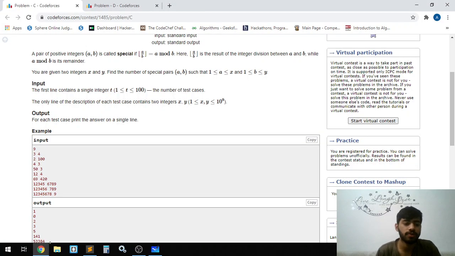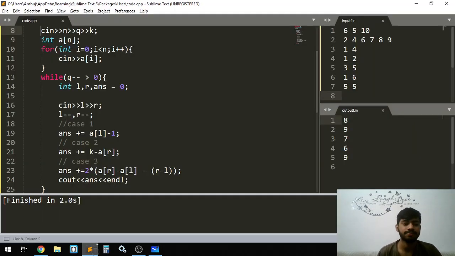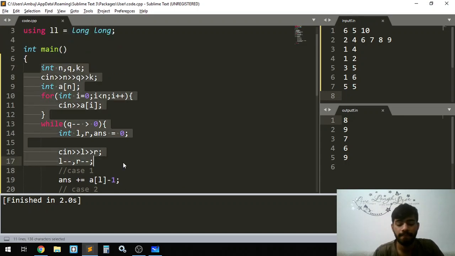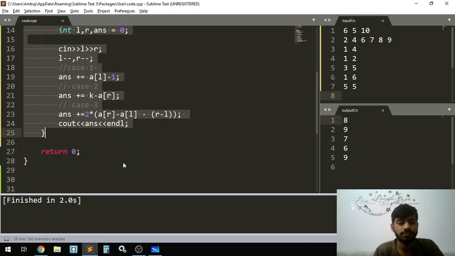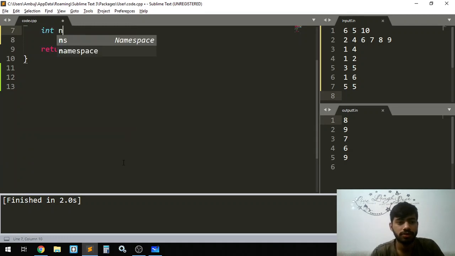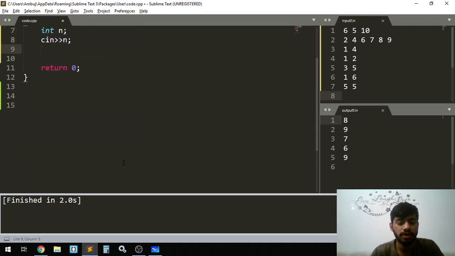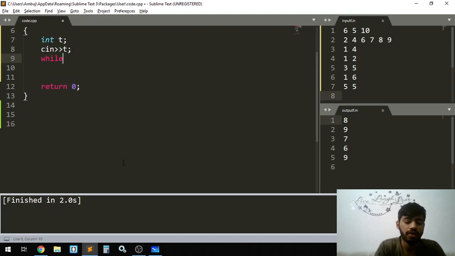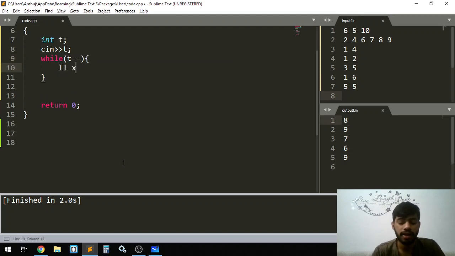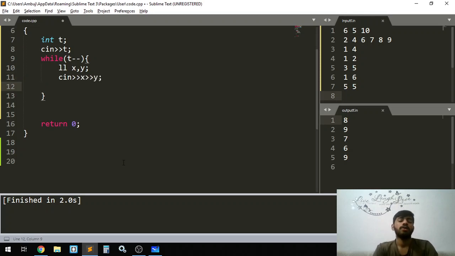The problem gives the number of test cases, and then x and y. So int t, cin t, because it's test cases, and while t minus minus, long long x comma y, cin x comma y.